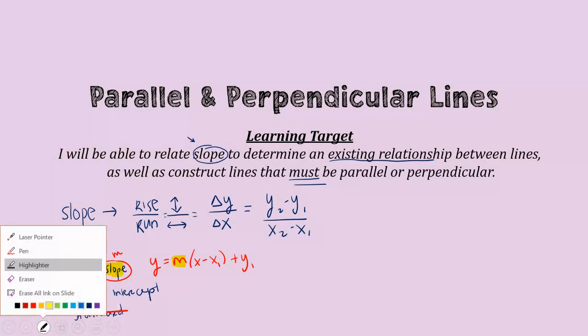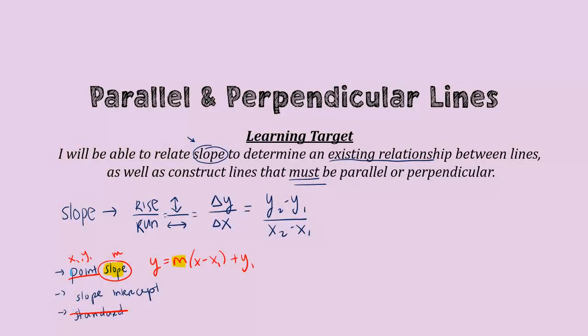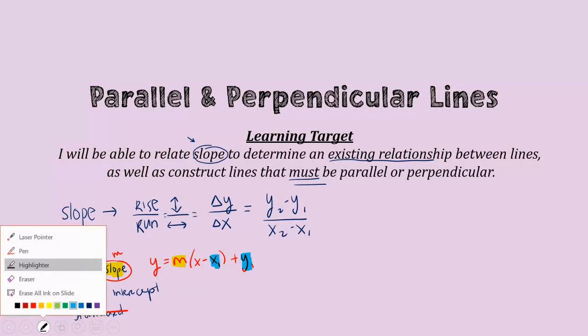Our point that we know, and this could be any point, maybe I know more than one, is going to be this (x1, y1). Everything else is going to go here: y equals something, parentheses, x. You can think of them almost as a shift: how much right and left is it moving? How much up and down is it moving?